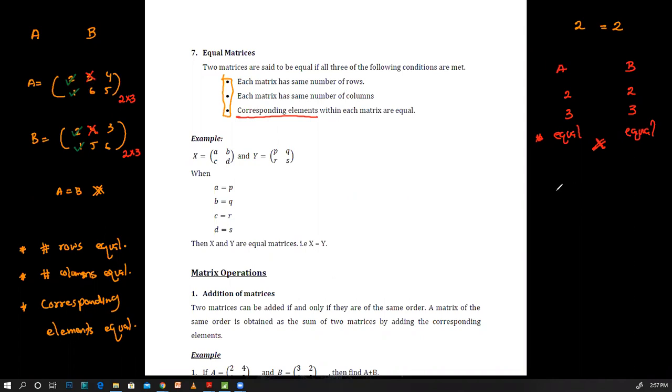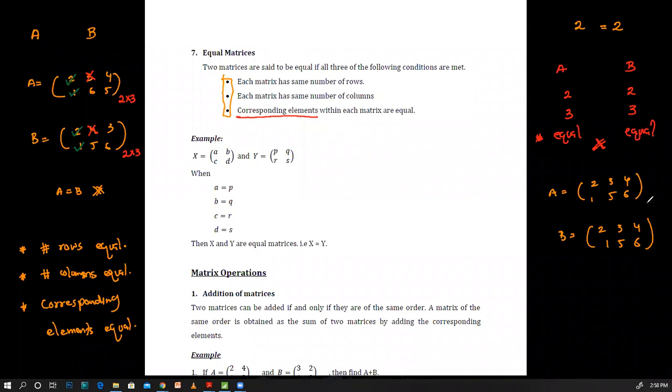Therefore, suppose that A is the matrix having 2, 3, 4, 1, 5, 6, and matrix B is again 2, 3, 4, 1, 5, 6. Now we can say that these two are equal matrices.